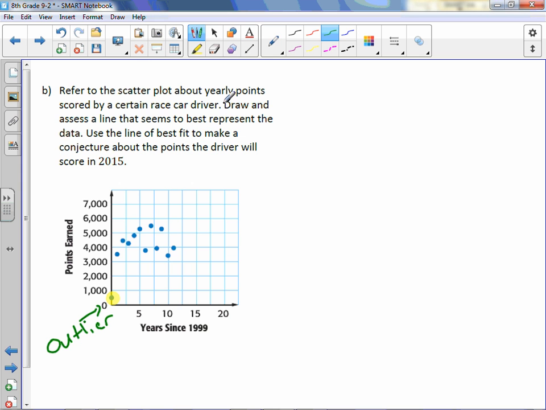So when drawing our line of best fit, okay, let's just draw one and then we'll move it around. You want to follow the trend of the data. You want most of your data points to be above and most of your data points to be below. Let's see here.